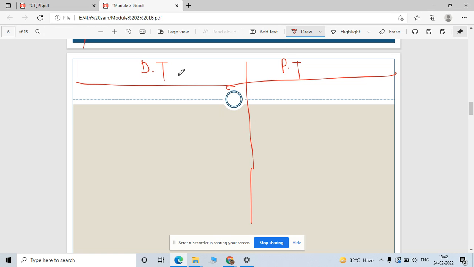So now, in case of distribution transformer, how is it designed? distribution transformer किस लिए डिज़ाइन किया जाता है? It is designed for the change in load, right? Because it supplies to the consumer, and consumer demand varies from time to time. So depending on that, that parameter must be considered while designing this distribution transformer.